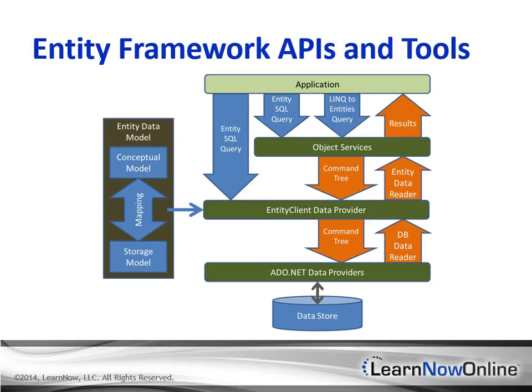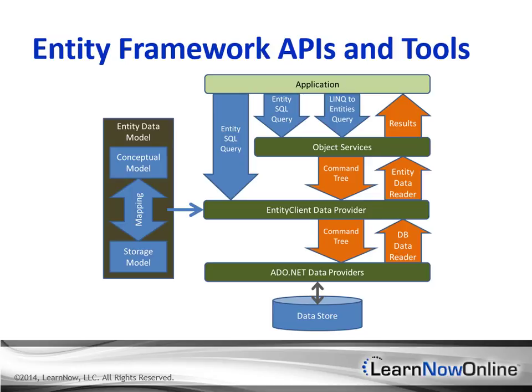All right, but these requests, either by Entity SQL or by LINQ, are handled by object services. That's the gateway to the data, and it handles object materialization to populate the entity data objects. It creates them in memory and populates them with data. Object services also keeps track of changes that the application makes to the data.